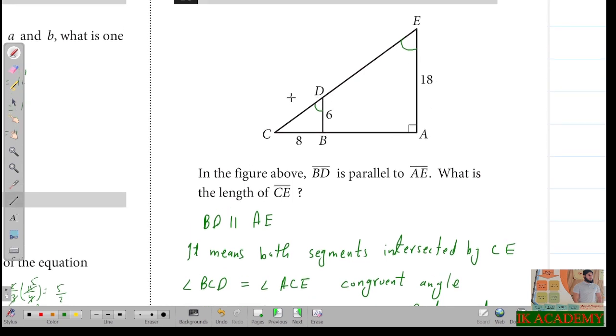So from here we can find the value of CD by using the smaller triangle CBD, where the perpendicular is 6 and the base is 8. We can find the hypotenuse CD by using the Pythagoras theorem.